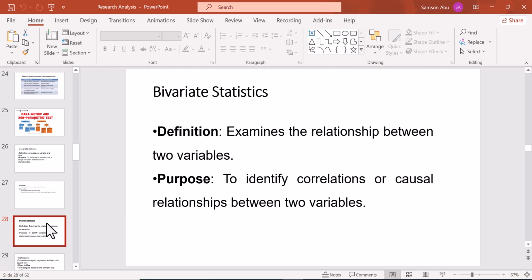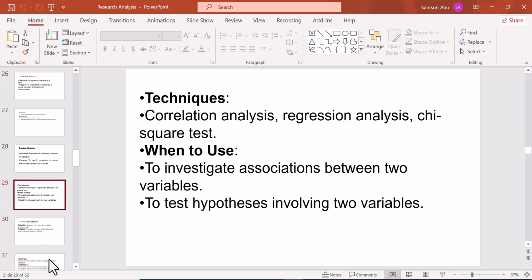For instance, your PPMC, your Spearman rank, Kendall's tau-b, all these are used for bivariate. Your chi-square and regression analysis as well can be used for bivariate analysis.